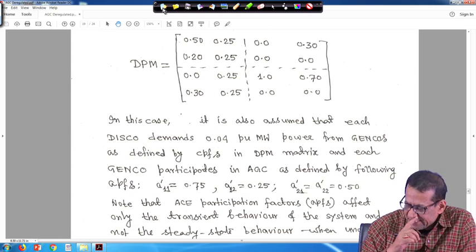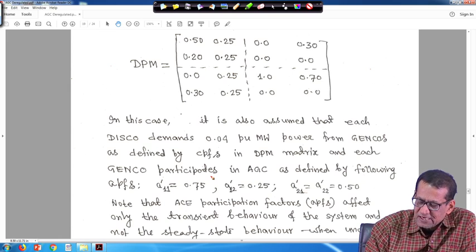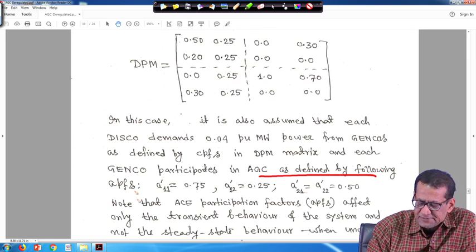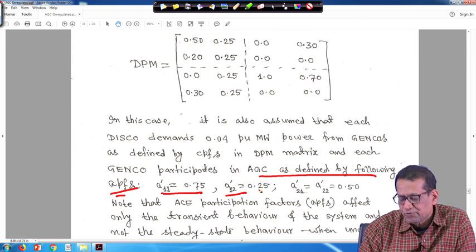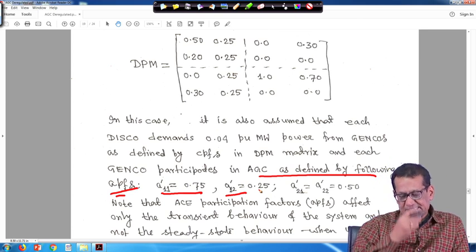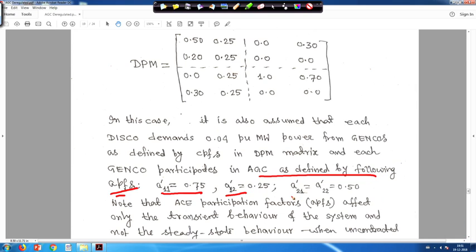The second thing we are choosing is the AC participation factor, APF. A11 we have taken 0.75 and A12 0.25. That means in area 1 this is the AC participation factor, and in area 2 A21 is equal to A22 is equal to, sorry, not 0, in this case we have taken 0.5.